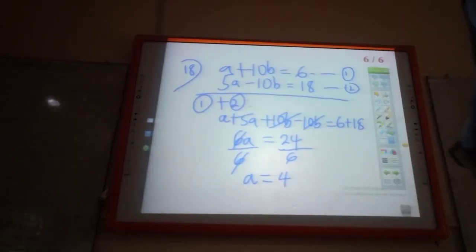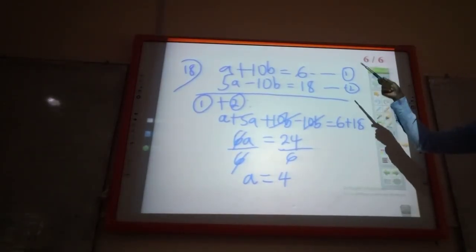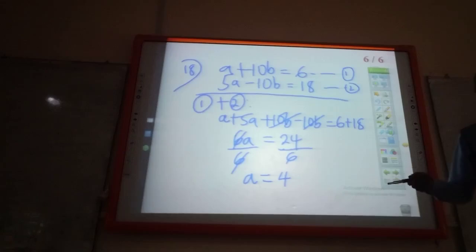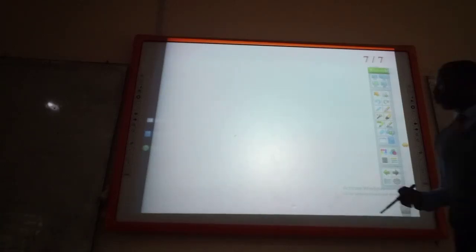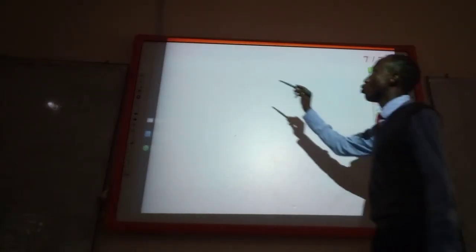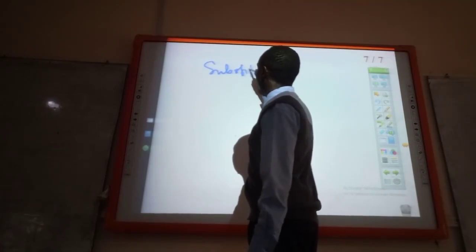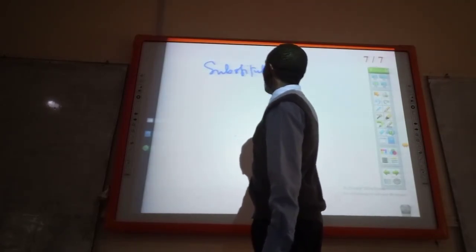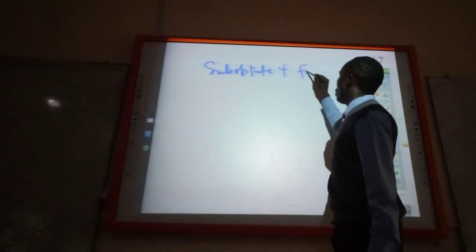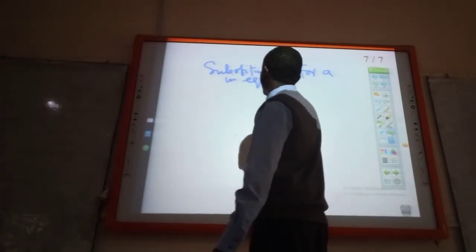Now, we are going to substitute the value of A in any of the equations to get the value of B. So let's do that quickly. Substitute 4 for A in equation 1.